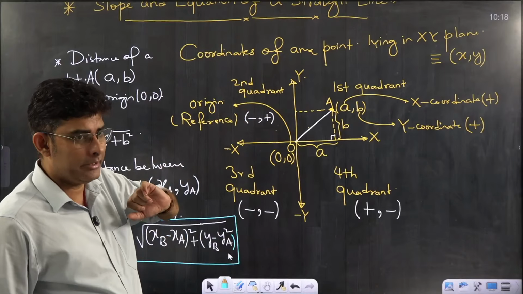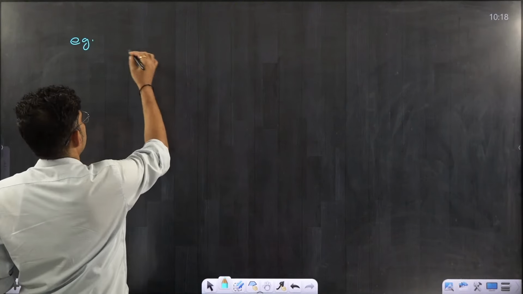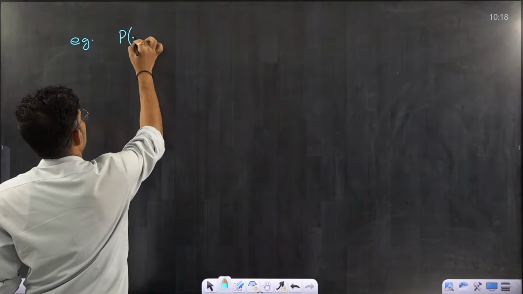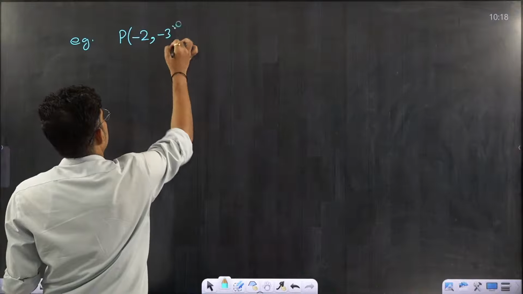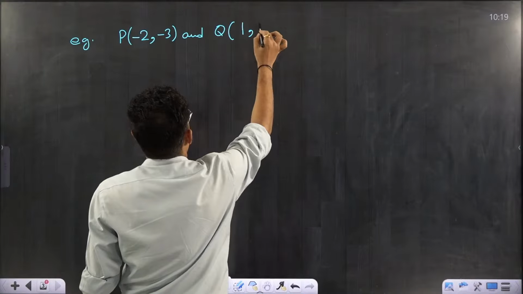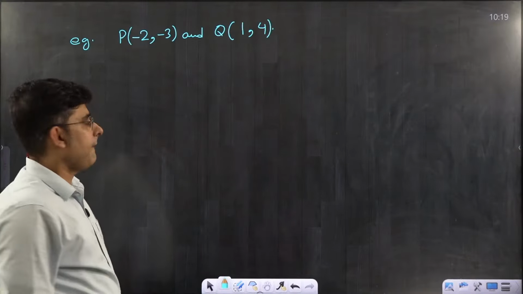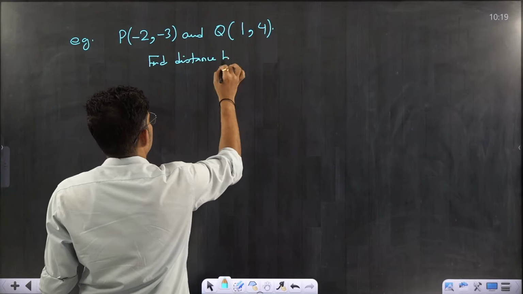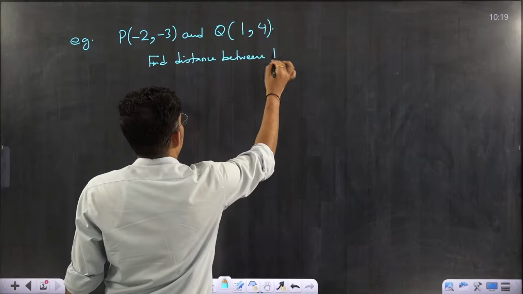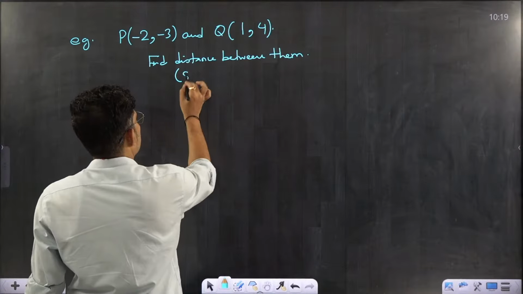Now as an example, if I have 2 points, P whose coordinates are -2 comma -3, and a point Q which has the coordinates 1 comma 4, find the distance between them. Obviously this distance we are talking about is the shortest distance.